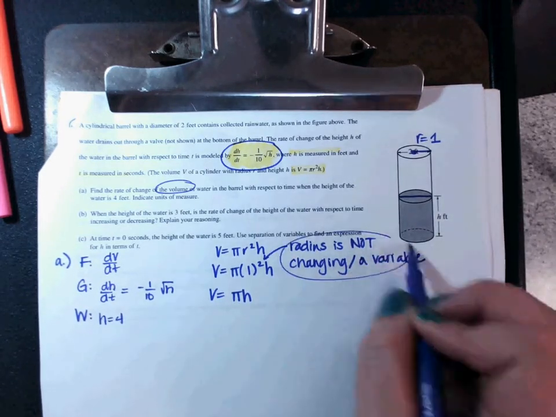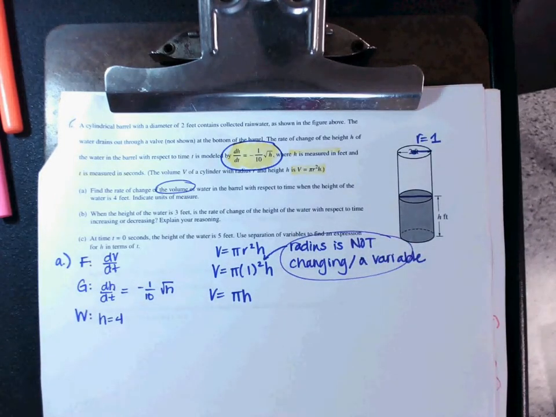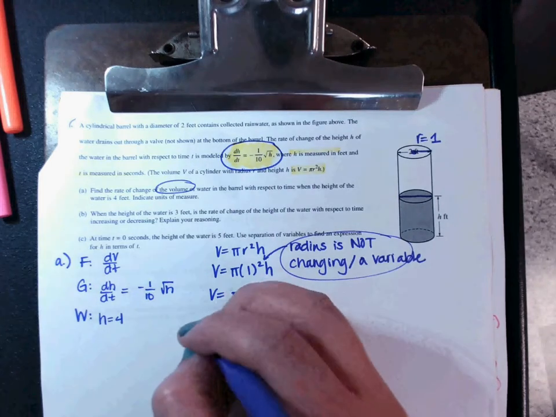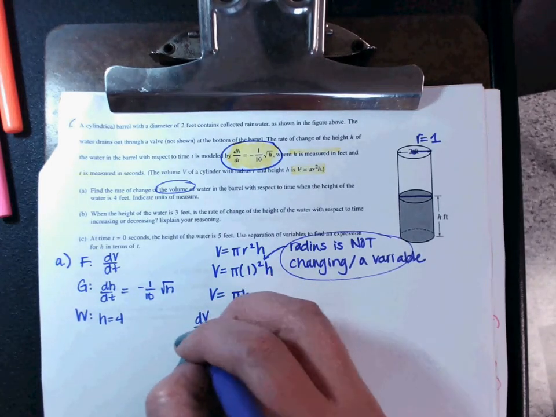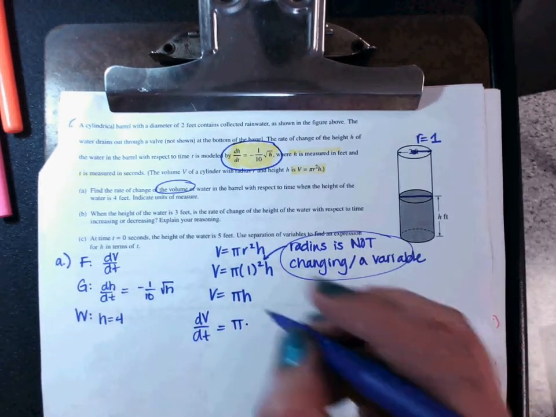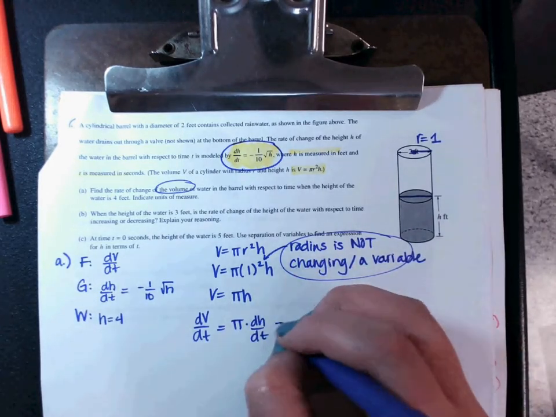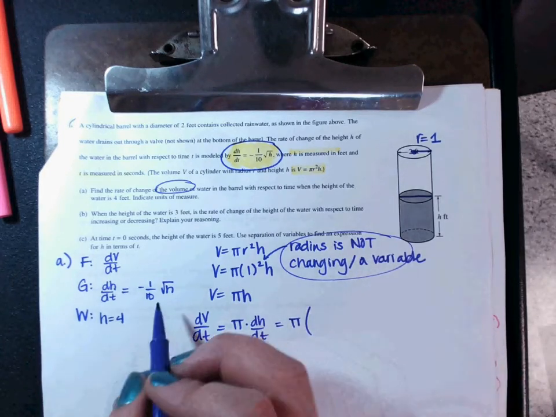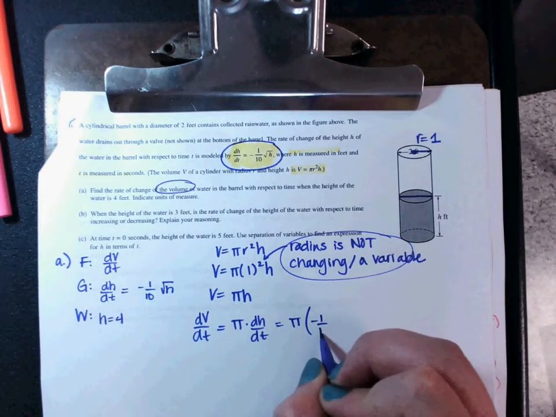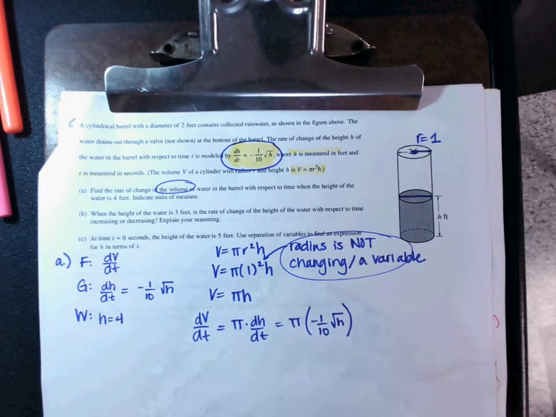So if you remember on your homework about that pool problem, okay, kind of the same thing here. So dV/dt is going to be pi, and then the derivative of h is dH/dt. And then I'm going to go back and I'm going to sub in the formula that they gave me, -1/10 root h. Then from there, I know that my h is 4, so I'm going to plug that in here.